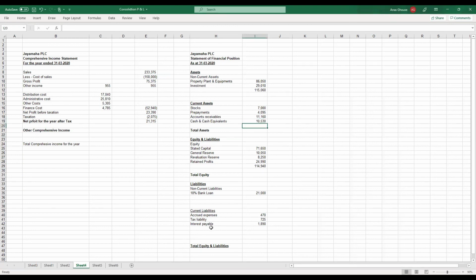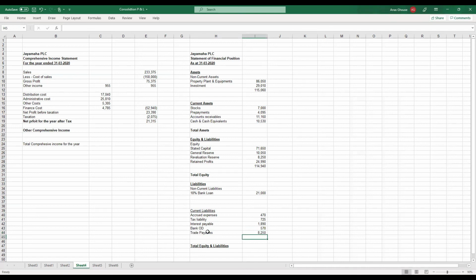And under current liabilities, we have bank overdraft, bank OD balance of 570. Then what else? We have trade payables 8,250,000.